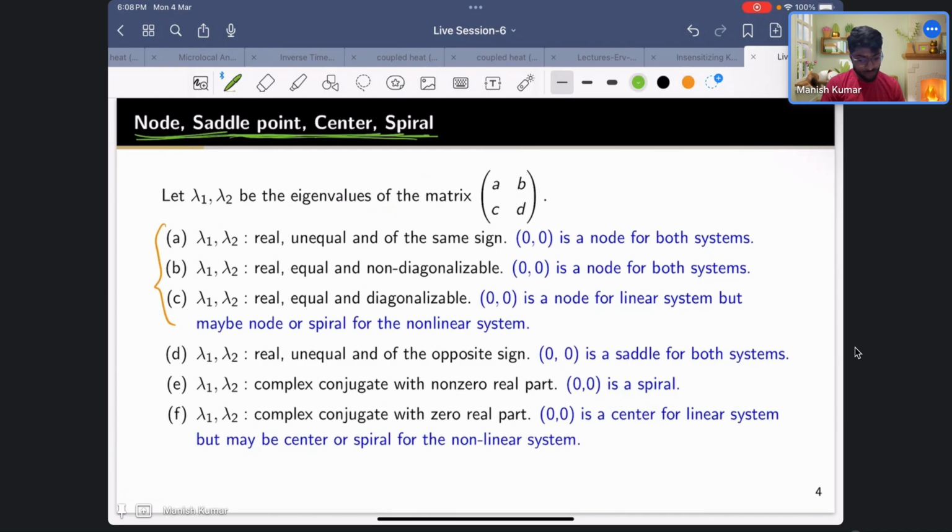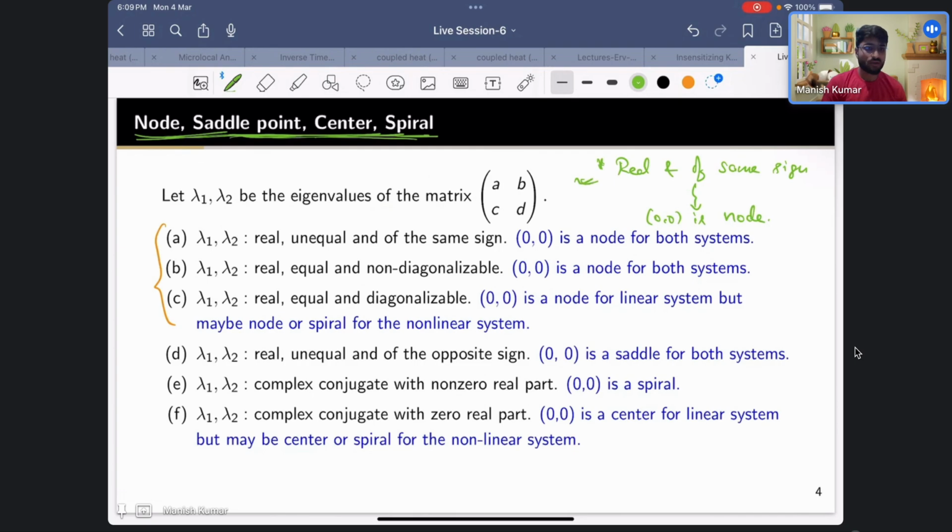What we saw is that when the eigenvalues are real and of the same sign, then the 0 0 is a node, correct? When they were real and of opposite sign, then we saw that it is a saddle point, right? So let me first tell you about these things.